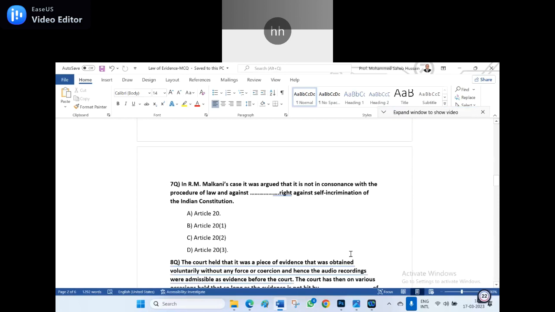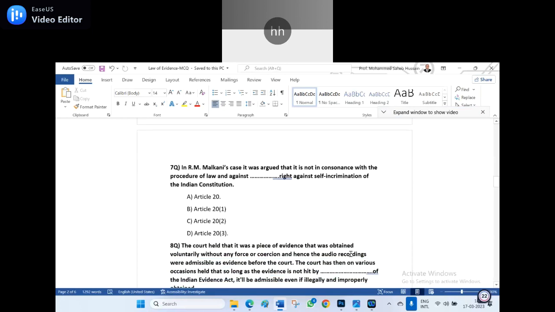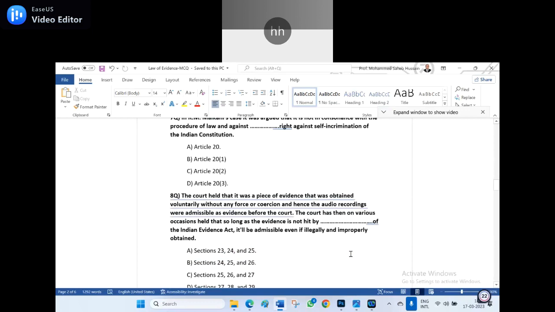We don't say sub-article, we can say clause only: Article 20, Clause 1, Article 20, Clause 2, Article 20, Clause 3. The right answer is that no one can be forced to do self-incrimination, that is Article 20, Clause 3. Now, eighth question.